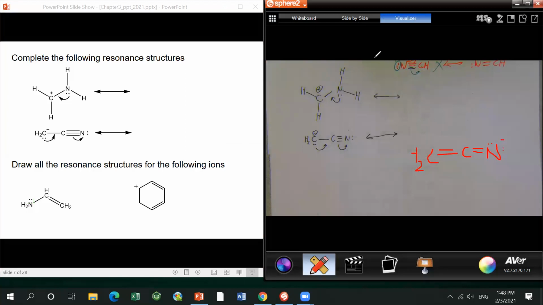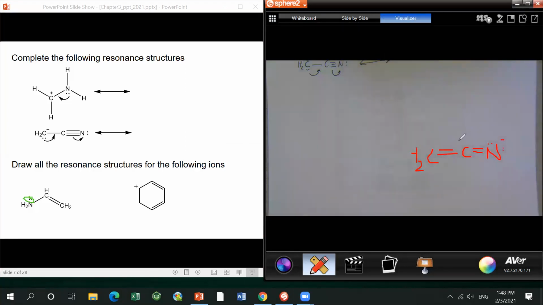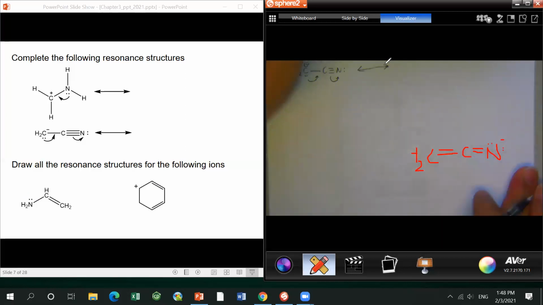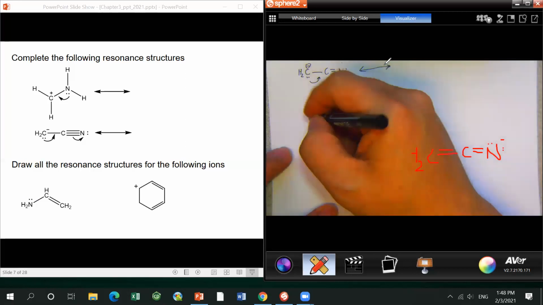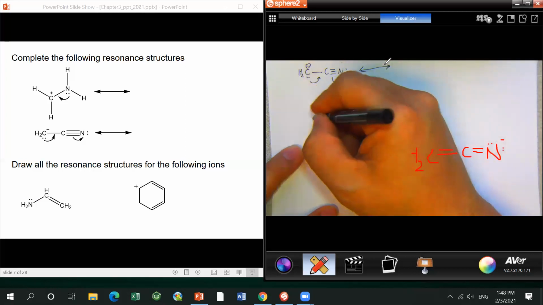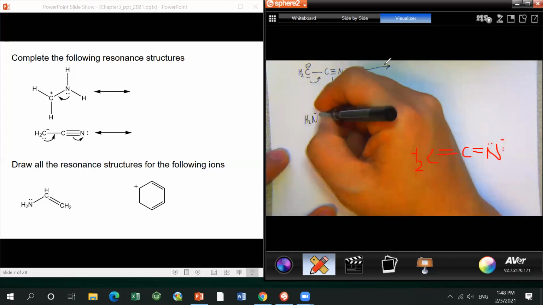Anyway, for the bottom two questions, because of time limitation, I just draw the answer. So you have NH2.